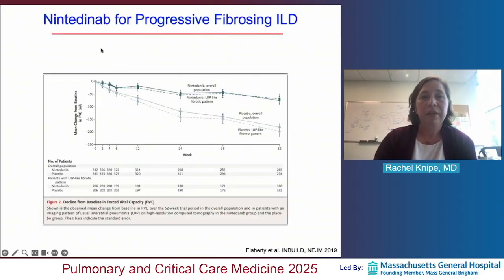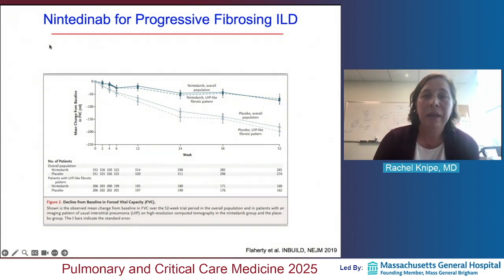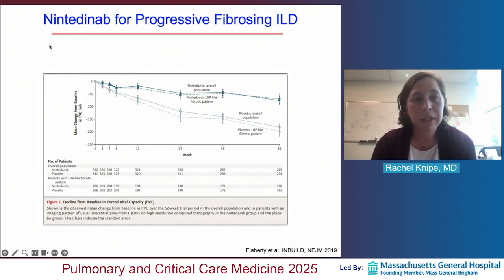What they showed was that, very similar to the study that was done with nintedanib in patients with idiopathic pulmonary fibrosis, there was a reduction in the FVC decline over time. So it performed very similarly to the patients that had been treated with IPF.